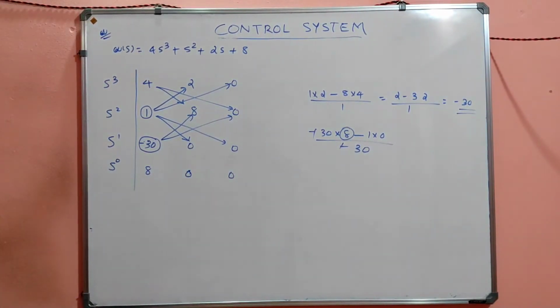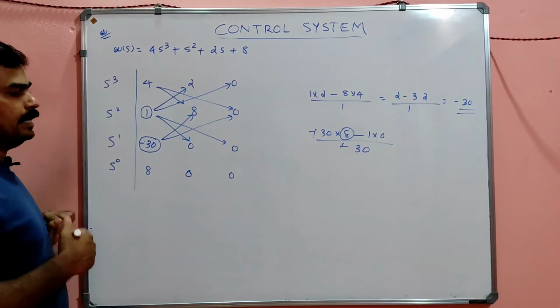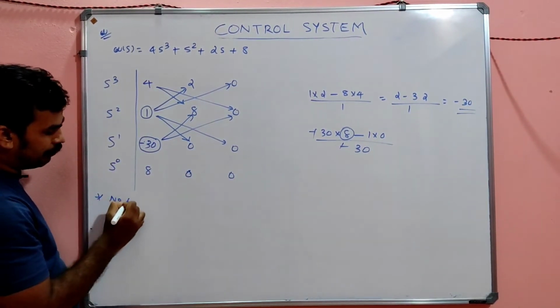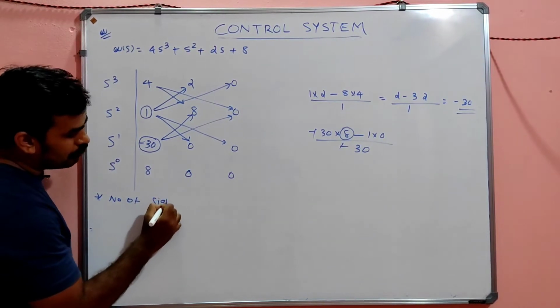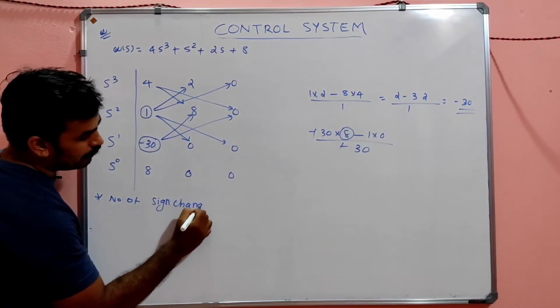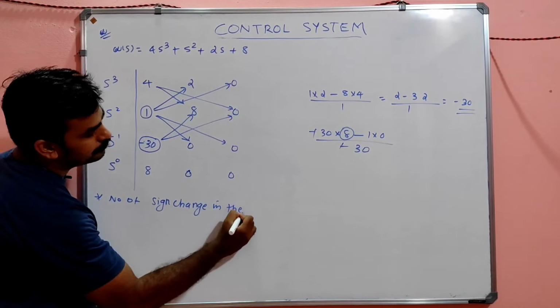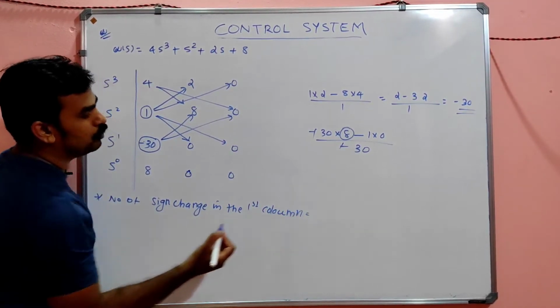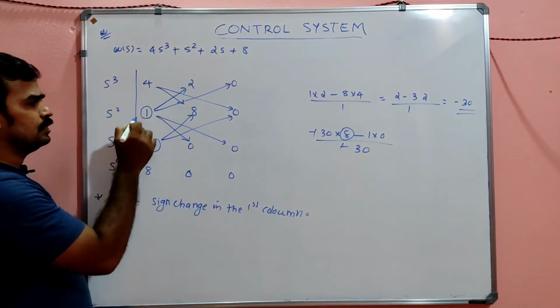Okay? Did you get this, my dears? So see the nature here. Number of sign changes in the first column equal to how many sign changes are there, my dears?